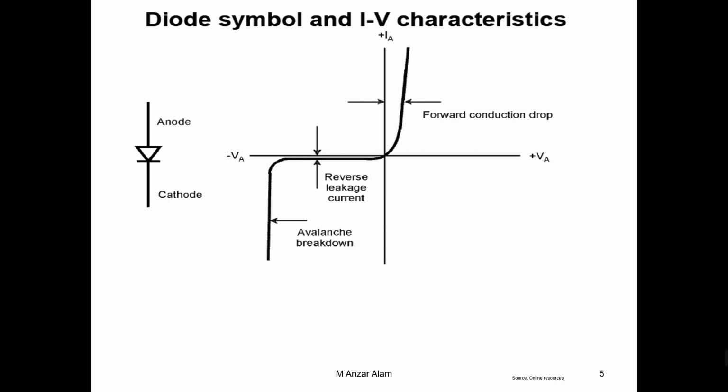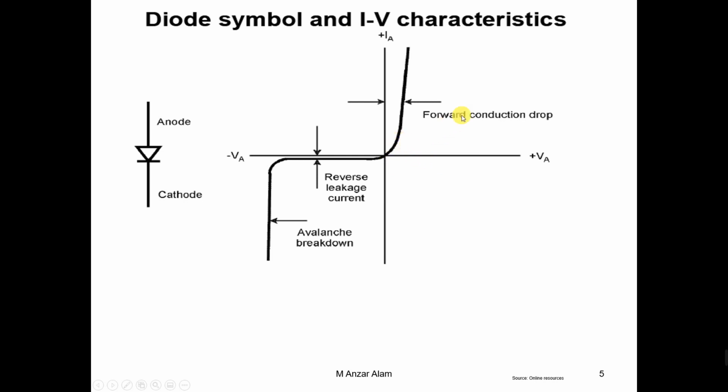Something graphically: the diode symbol and the IV characteristic. Along the x-axis we have drawn the voltage: 0, 0.1, 0.2, 0.3, 0.4, up to 0.9, maybe 1 volt, not more than 1 or 2 volts on the forward bias.